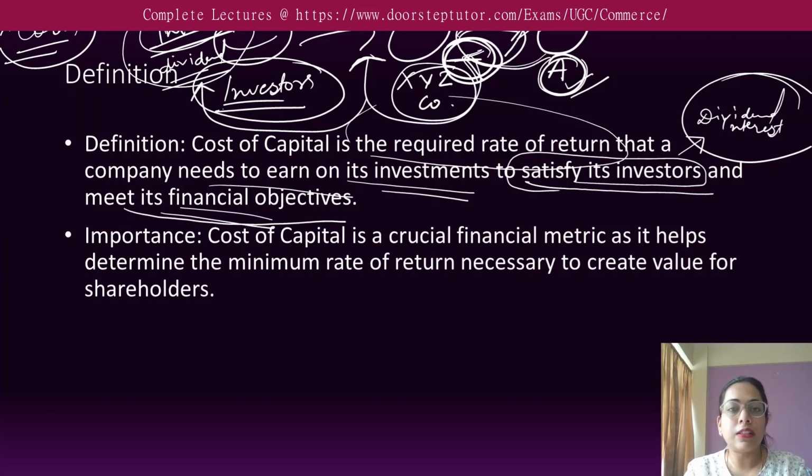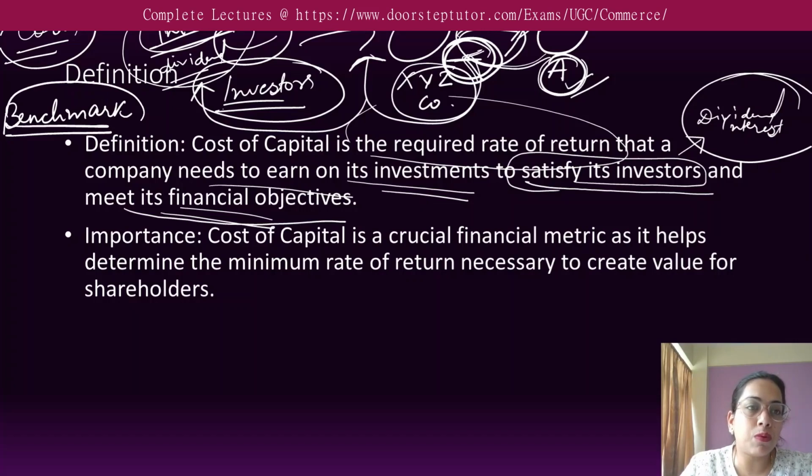So this is the minimum requirement, or one can say cost of capital is set as a benchmark. It is set as a benchmark limit that the proposal must cover this amount of cost of investing the asset. Only then will we invest in that project, otherwise we will reject that proposal.